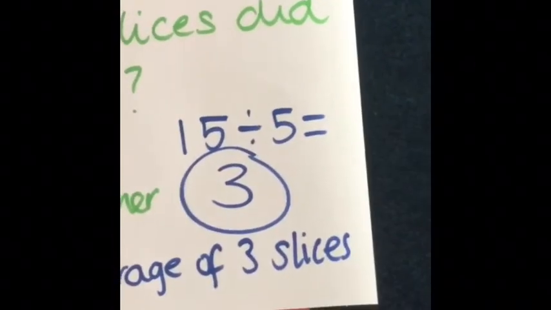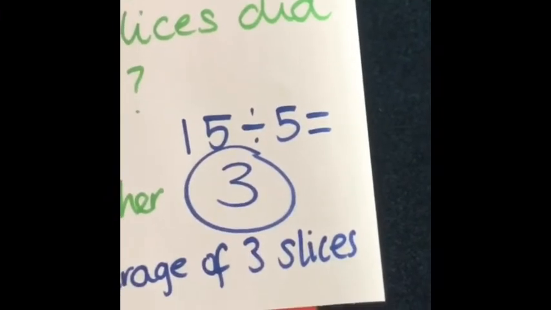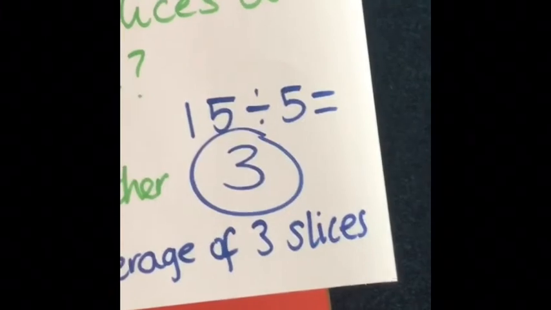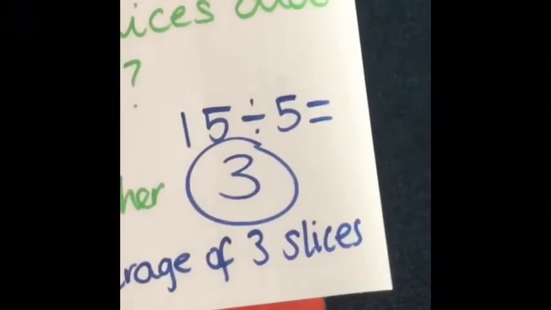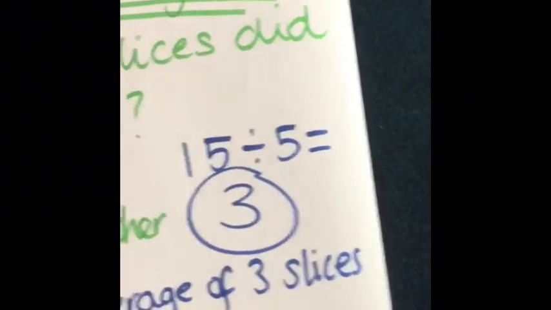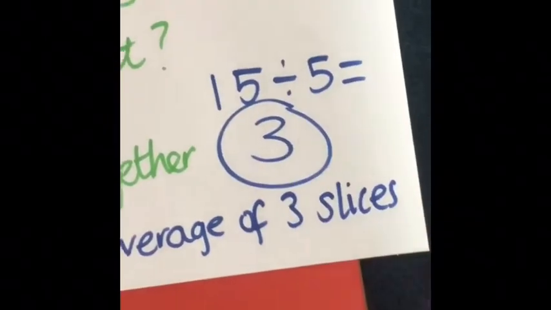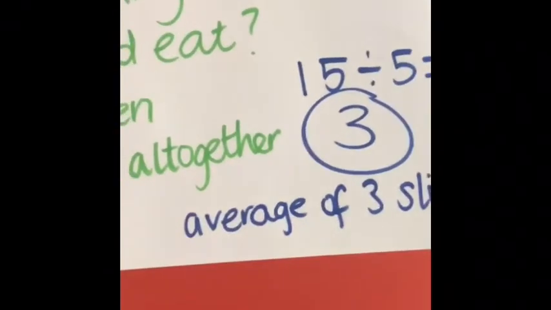That gives us a rough idea of how many slices each child ate on average. Some will be above average, some will be below average, but the average is roughly what most people would do.